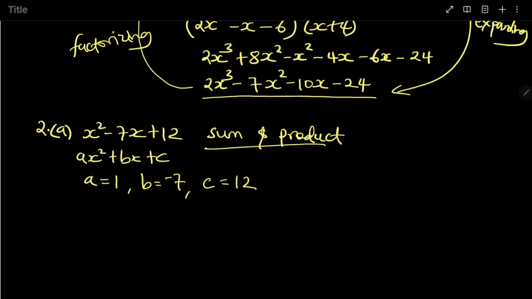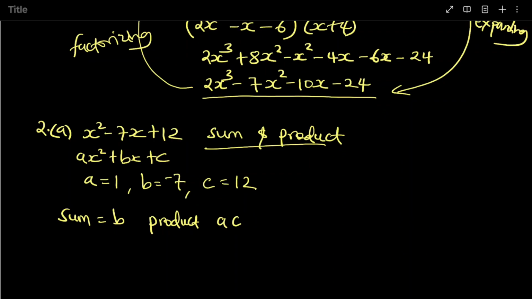So you just pick out the coefficient of x squared, the coefficient of x, and the last value, which is the constant. And in this factorization method of sum and product, the sum means adding, really. So the sum is the b value, and the product is the a times c.